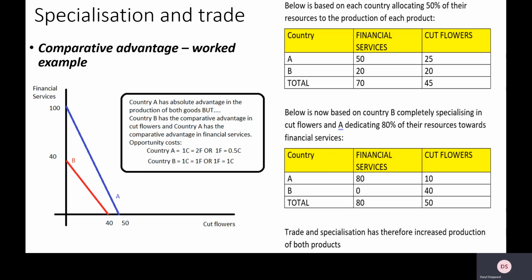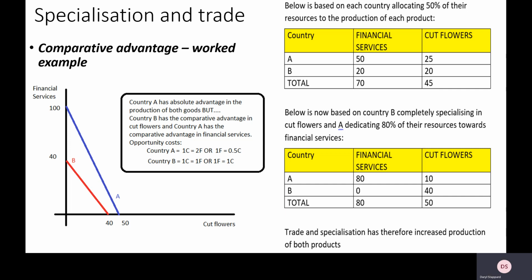So look why A's got the comparative advantage in financial services. When A produces finance, they only sacrifice half a cut flower compared to one cut flower in country B. So what you would argue is A is far better off focusing on financial services and then importing flowers from country B. Country B has got the comparative advantage in flower production, and look why.